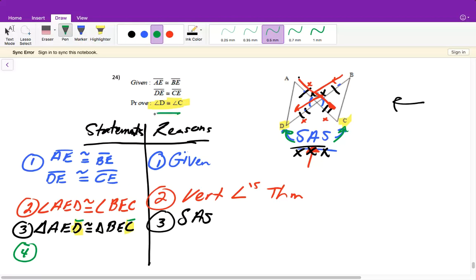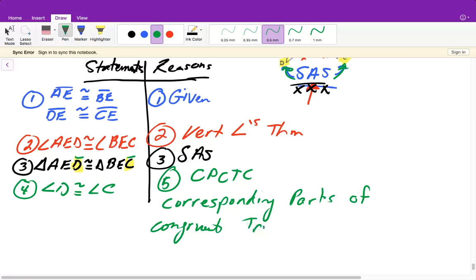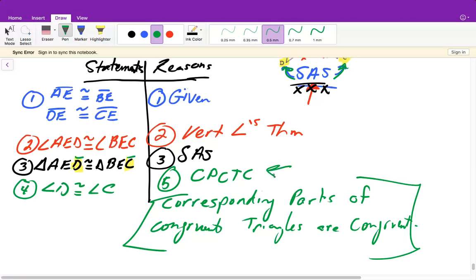So now our last statement, we can write what we are asked to prove, that angle D is congruent to angle C. And then our reasoning for this is CPCTC, which stands for corresponding parts of congruent triangles are congruent. All right, you can write it out if you truly, really want to. You can write it out, or you can just go ahead and put the abbreviation.